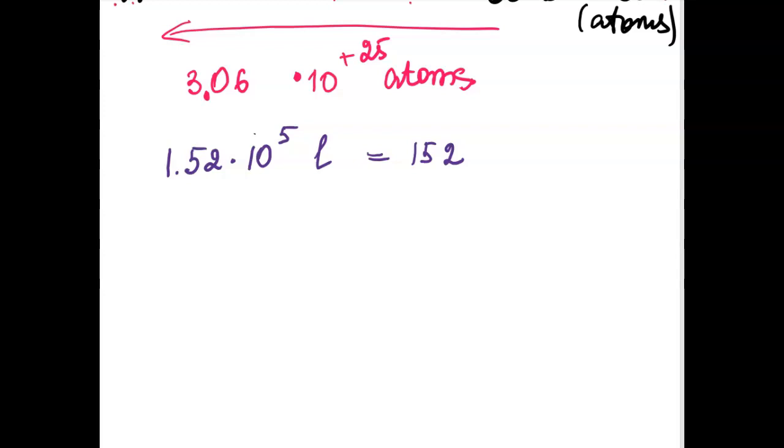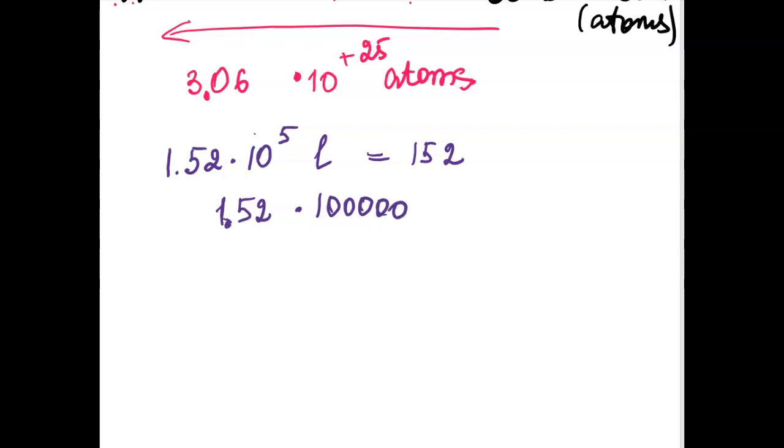So it's 5 here. So first of all, you write down this number like this, 1.52, and instead of 10 to the power of 5, you will write it like this, multiplied by 10, 1, 2, 3, 4, 5, right?